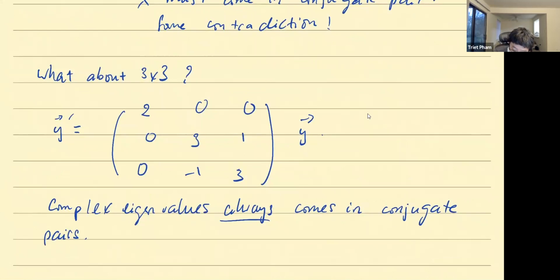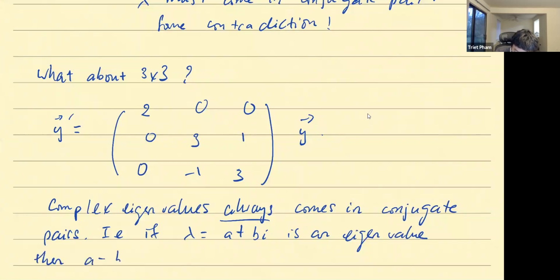What that means is if a plus bi is an eigenvalue, then a minus bi must also be an eigenvalue.